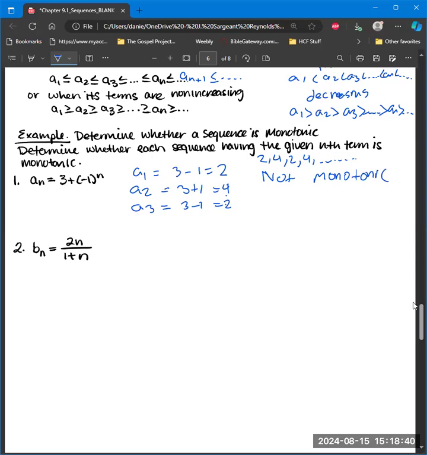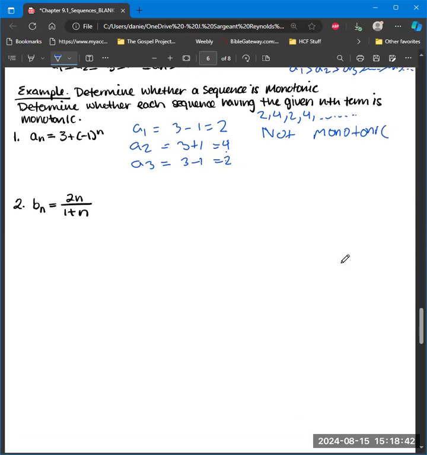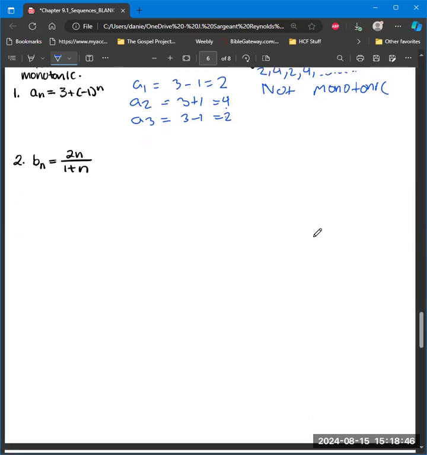All right. Now, if we look at this next one here, we can say B1 is going to be 2 over 1 plus 1, which is 2 over 2, which is 1. B2 is equal to 2 times 2 over 1 plus 2, which is 4 over 3. That's a little bit bigger.